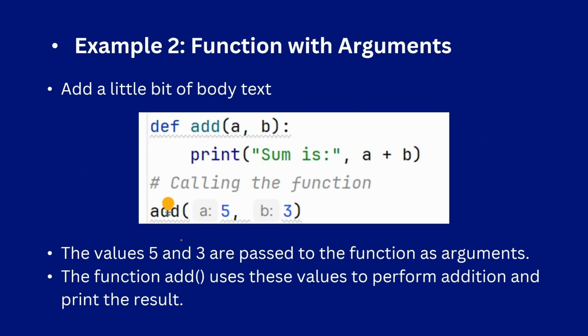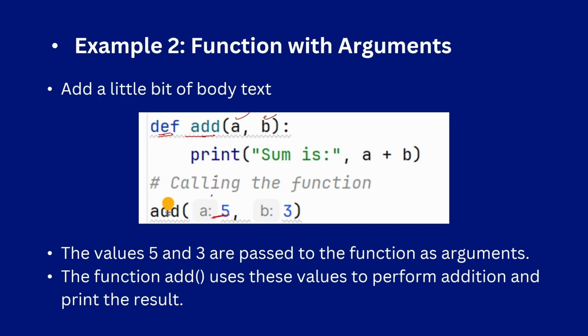Next is function with arguments. So we have written this particular function add, and with the help of the def keyword we are defining this function again, and here we have passed these arguments a and b. Okay, and we have written the statement sum is a plus b. So whenever we call this function, we'll have to pass the arguments.